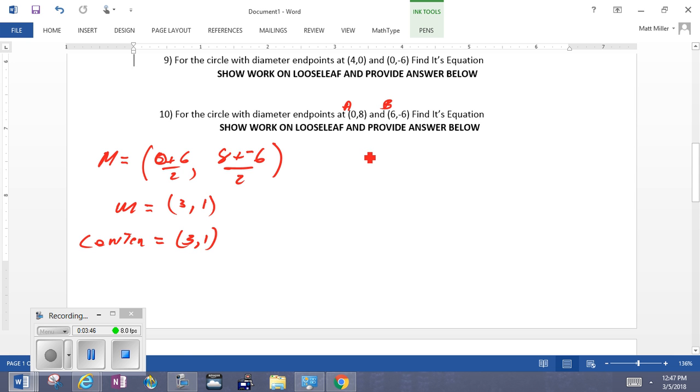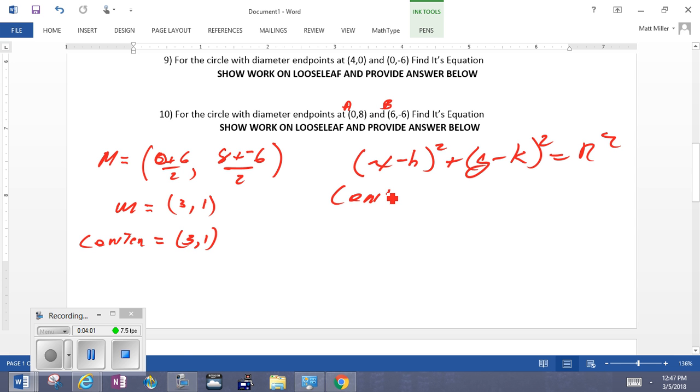And of course, I'm going to use my equation of the circle, which is (x - h)^2 + (y - k)^2 = r^2, where the center is given by (h, k), and r is equal to the radius.